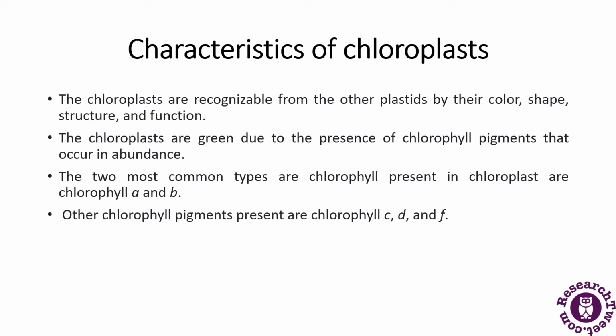The two most common types of chlorophyll present in chloroplast are chlorophyll A and chlorophyll B. Other than these, there are various other chlorophyll pigments present, that is chlorophyll C, chlorophyll D and chlorophyll F.